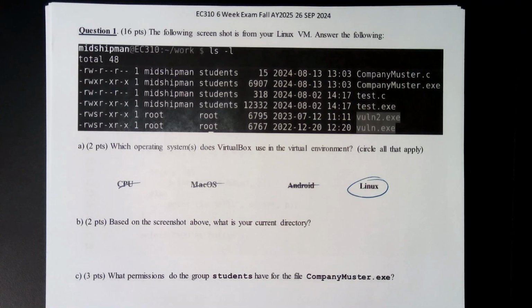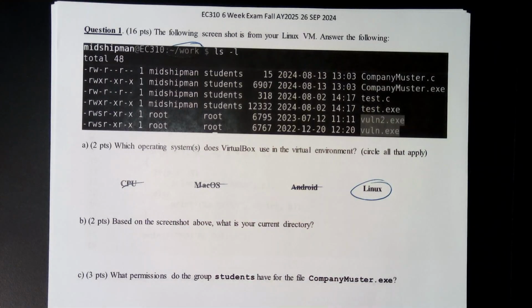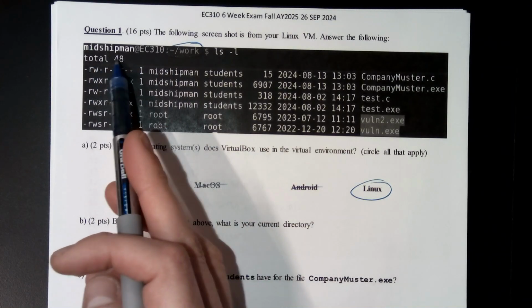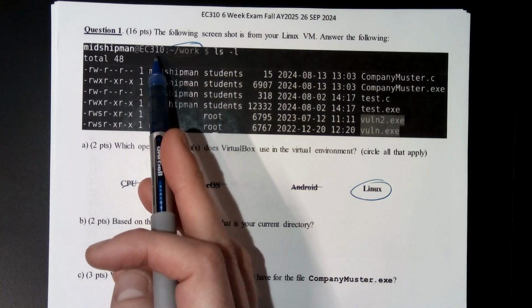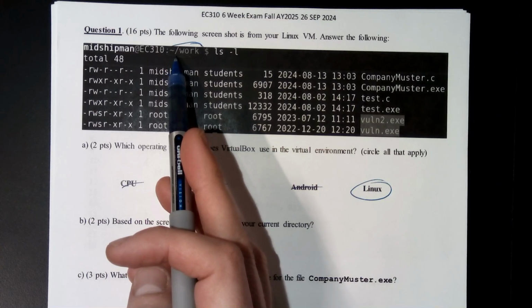Number 2, based on the screenshot above, what is your current directory? The prompt is usually one of the best ways to find it. It shows you here that you're in EC midshipman at EC310. That's your username and the computer system you're using, and then colon tilde/work.